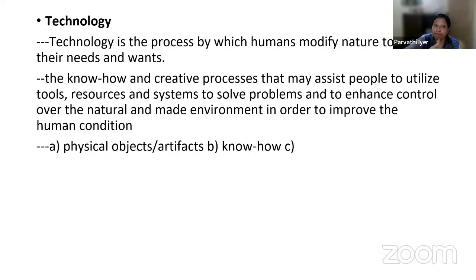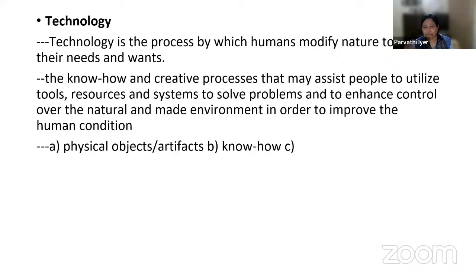Technology also implies a certain process. Say, for instance, raw materials undergo a transformation, like rubber would undergo a transformation with other materials in order to become a tire. So there is the element of know-how as well. And third, technology is also a process.